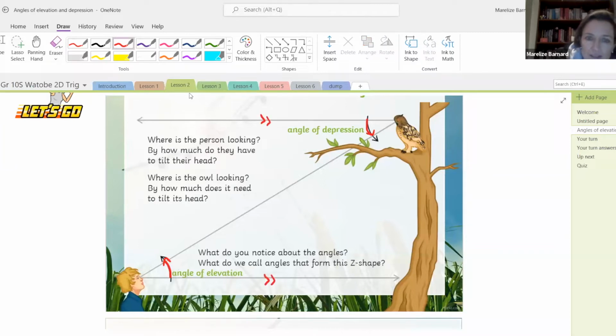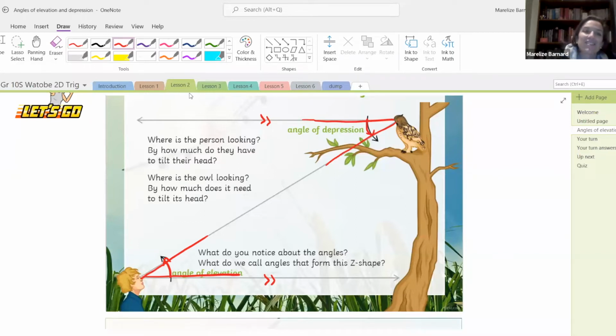And where have you guys seen this Z shape with parallel lines before? Who knows what those angles are called? You can put it in the chat if you know. This Z shape with the angles and the parallel lines, is it ringing a bell for anyone? Can anyone? Alternate angles, there we go.